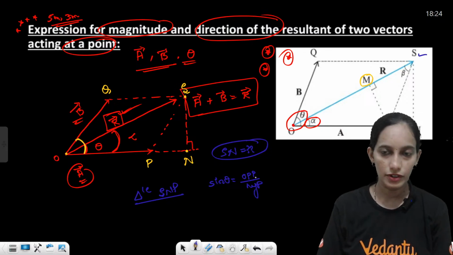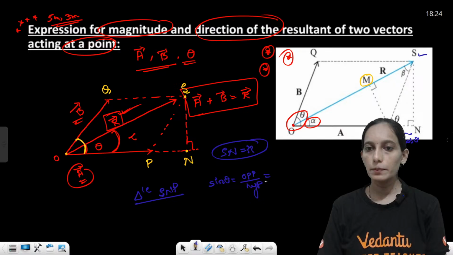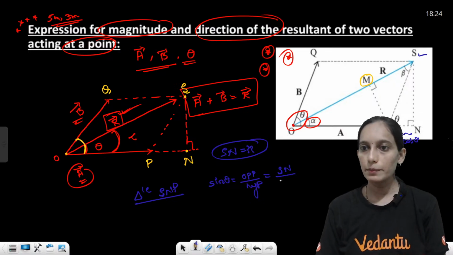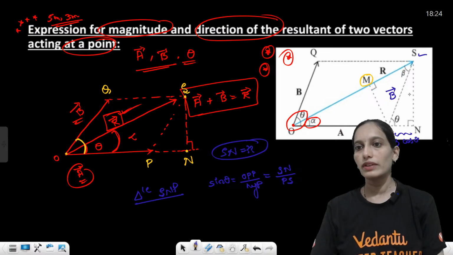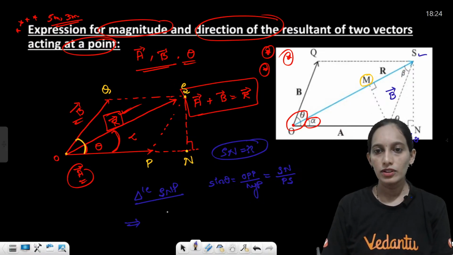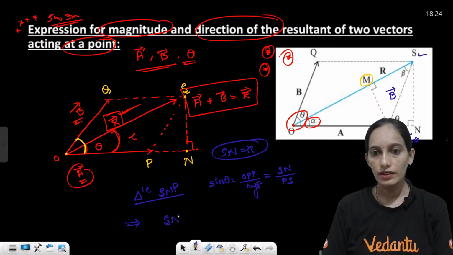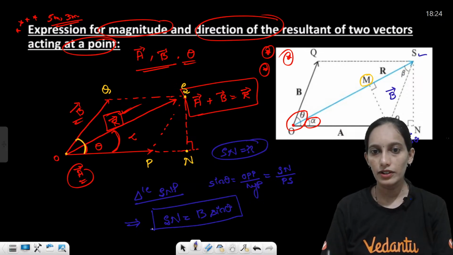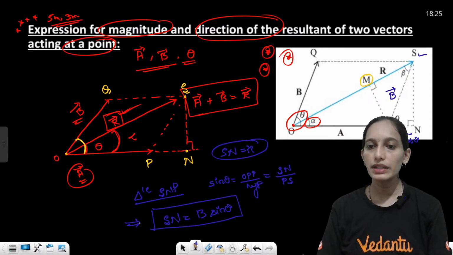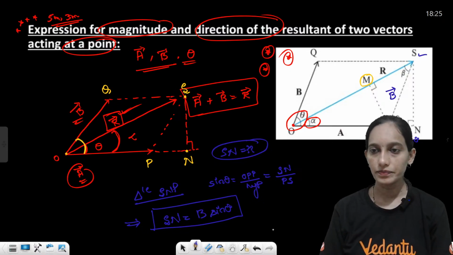The opposite side is SN, and the hypotenuse is PS. PS is nothing but our vector B, its magnitude. So I can say Sn is equal to B sin theta.